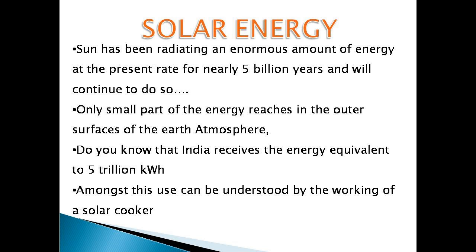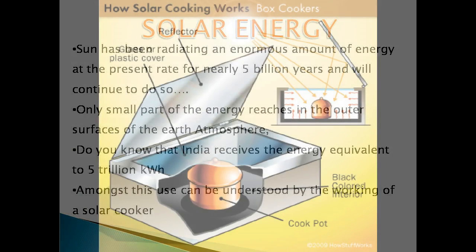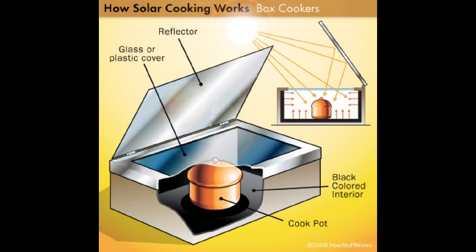Now amongst this, we have a practical application, the working of the solar cooker. If you look at this diagram of how the solar cooker works, it's a rectangular box type structure, children, which has the reflector first of all, then the glass or plastic cover, and the cook pot in which we keep the food that we have to cook, and the black colored interior. Black color is used because it's a good absorber of heat energy.